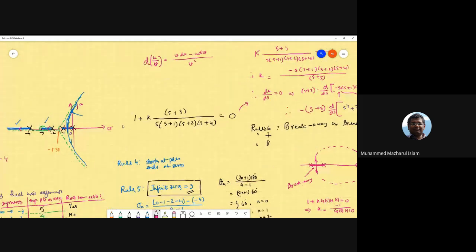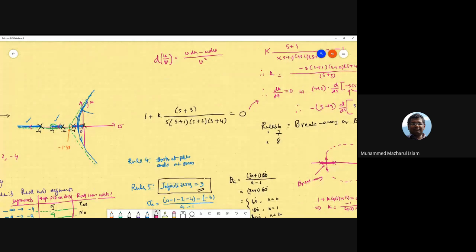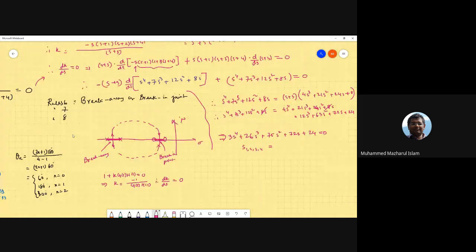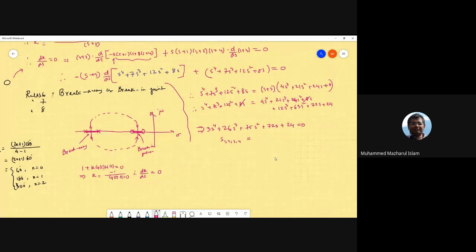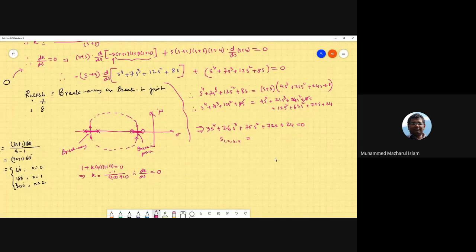If you look at the root locus, you see that there is exactly one breakaway point between 0 and -1. So I should have found one real solution for this polynomial where the solution would be between 0 and -1. Any other real solution can be discarded.